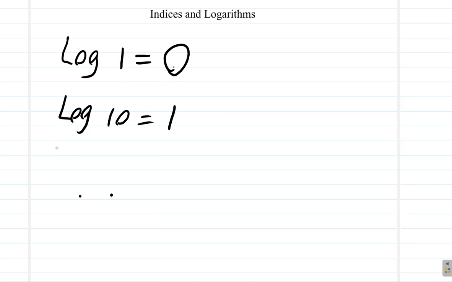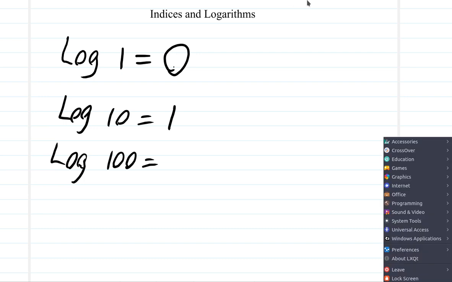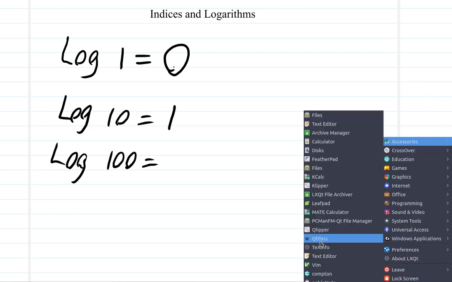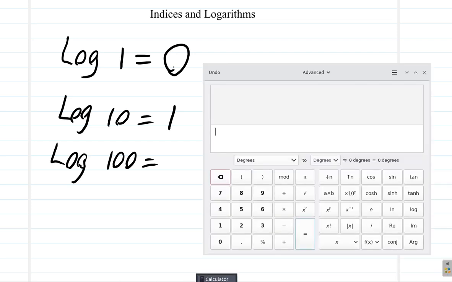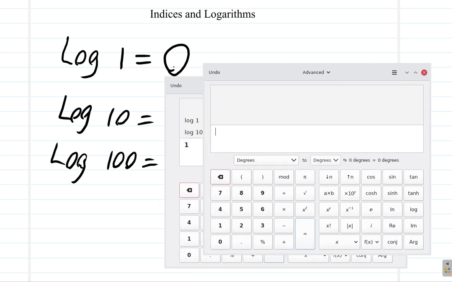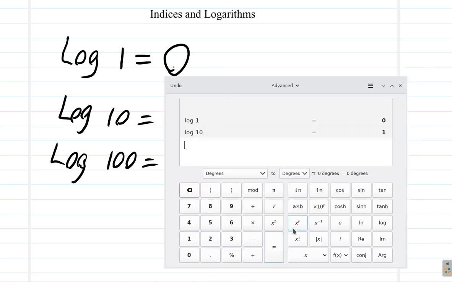Suppose we want log 100. We say equals. Back to our calculator. Log 100 equals 2.